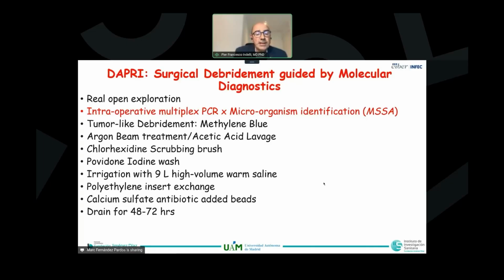We performed acetic acid lavage, a chlorhexidine scrub, a povidone iodine wash, and finally an irrigation with 9 liters of high volume warm saline. The polyethylene insert was exchanged. We placed intraarticularly the calcium sulfate antibiotic-added beads, and we put a drain for 48 to 72 hours.